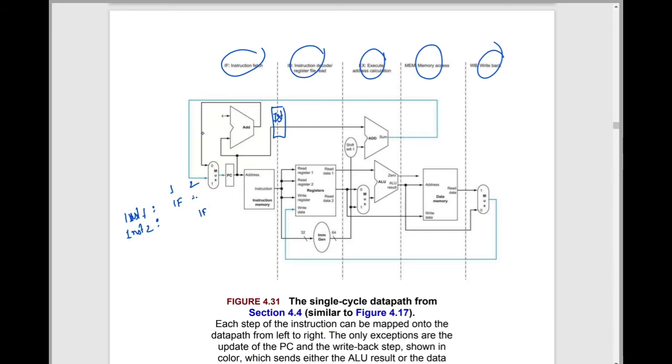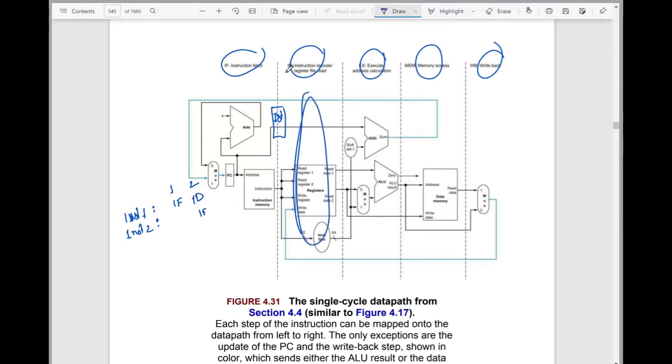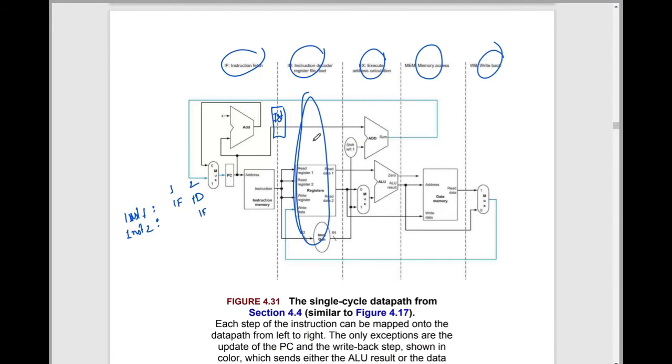Cycle 2 will perform the decode of this first instruction, right? Who will perform the decode? This module. At cycle 2 this module needs which instruction? Instruction 1, right? That's why we have stored the instruction here. So this module will take the instruction from here and start executing. That point is very important.